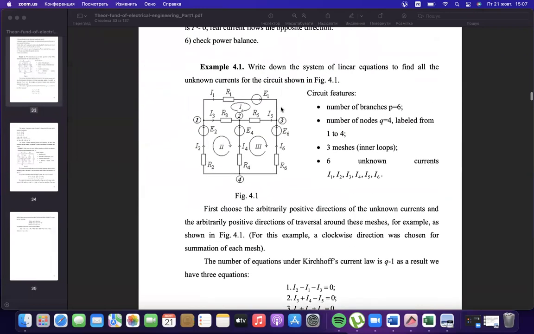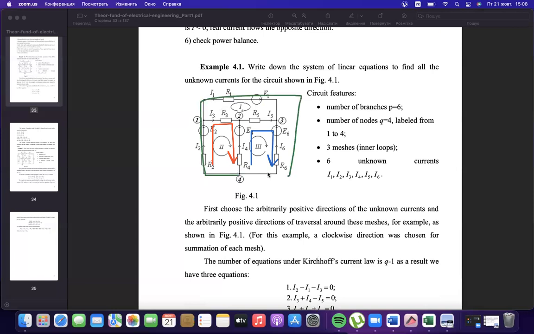For example, here, if you take the internal mesh, the number is just almost the same, but okay, let's do it like this. 3 internal meshes with 3 resistors inside them. But instead of green, you could take any other.